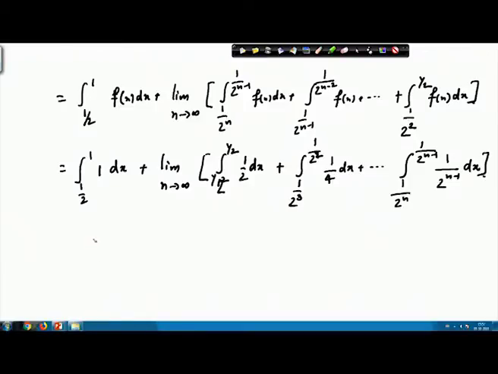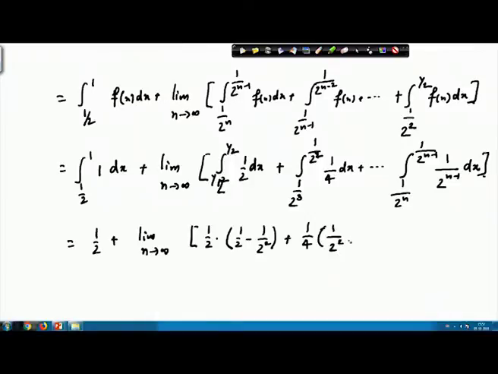So the first integral is half, and here it will be the limit as n goes to infinity of 1 by half times half minus 1 by 2 to the power 2, then 1 by 4 times 1 by 2 square minus 1 by 2 to the power 3, plus it will continue.